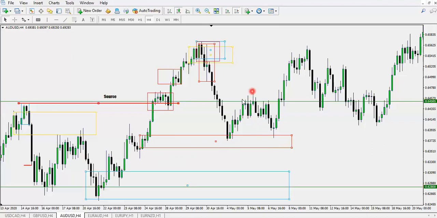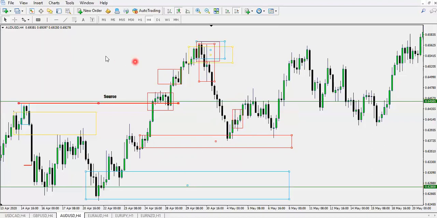Okay, so when price bounced off, you can see there was a rally upwards, and this bullish order block was created over here.